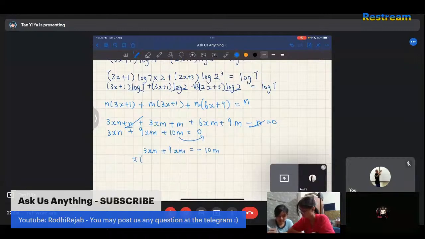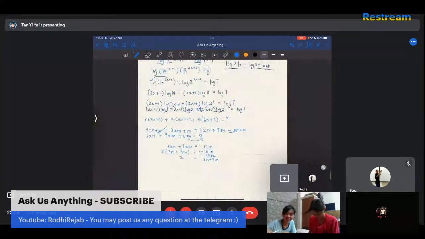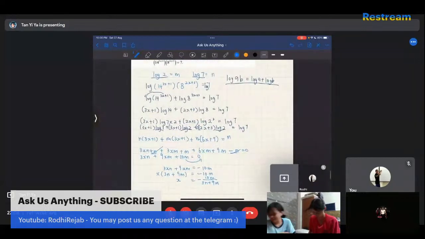Bring out the x because we want the x to be alone. And then it will just be divided: x equals negative 10m over 3n plus 9m. Is this correct? Yep, correct. Good.